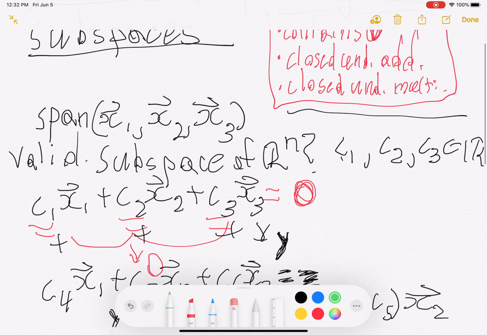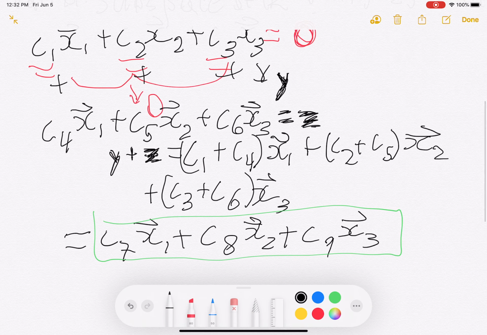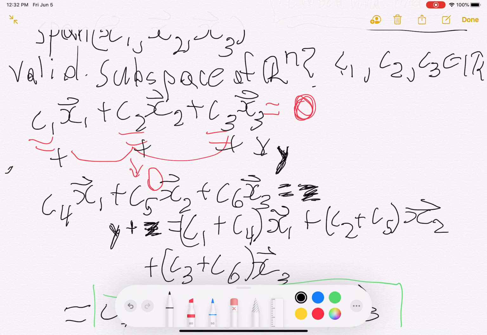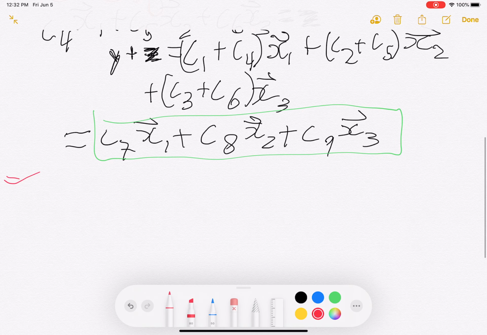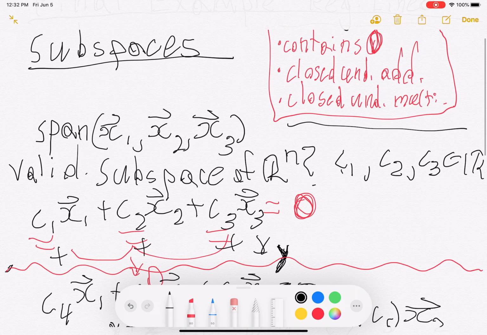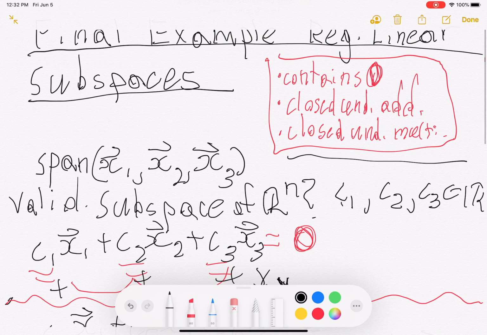So now let's move on. We'll section these off, just like this. Okay. So now our final parameter: is it closed under multiplication?